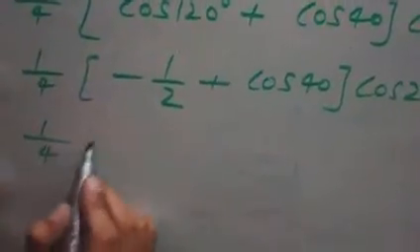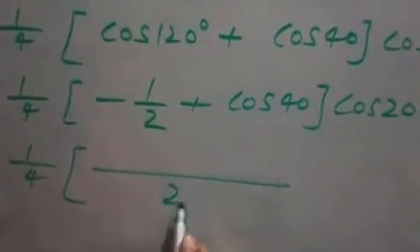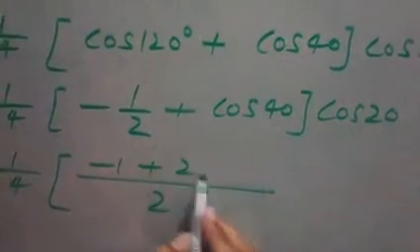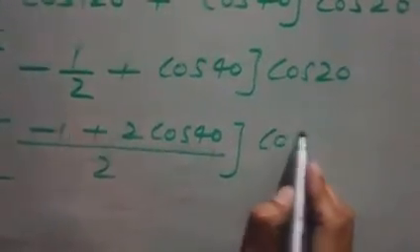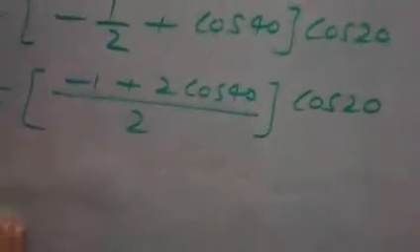1 by 4. We will take 2 as the LCM. Here is minus 1 plus 2 cos 40, and here is cos 20. Now 4 2s are 8.